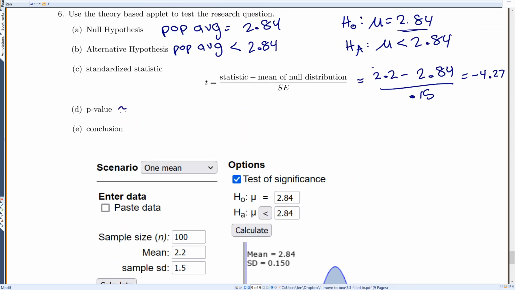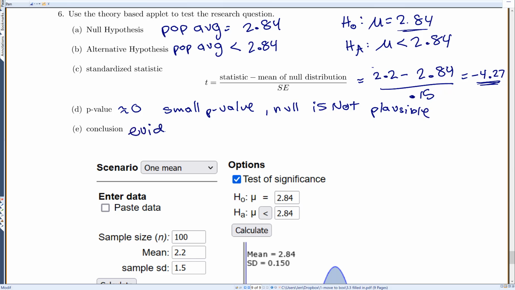So my p-value is almost 0, which is a small p-value. Also, my test statistic is less than negative 2. It's out in the tails farther than 2. So my null is not plausible. So I have evidence for the alternative.